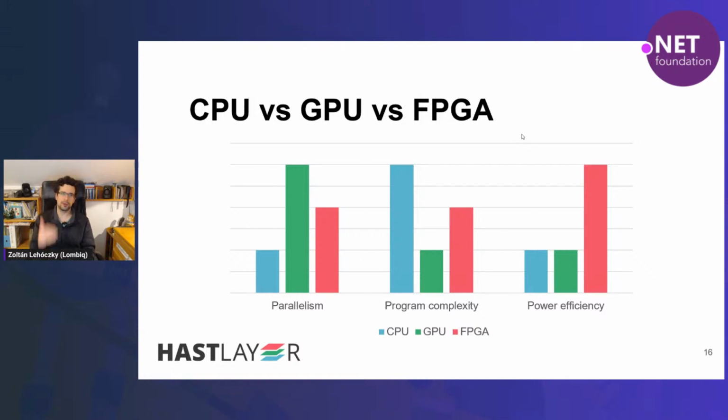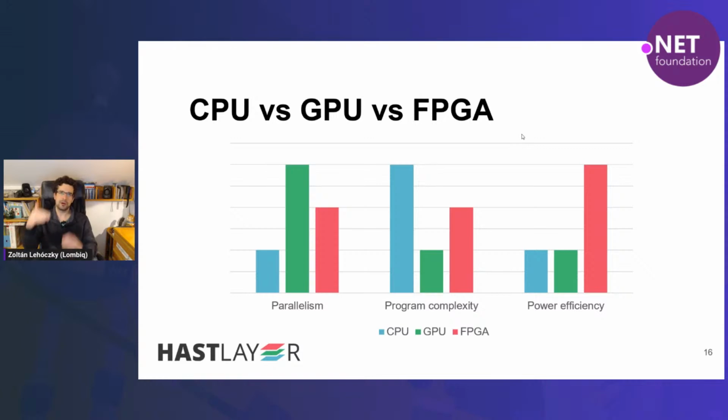CPUs are pretty much on the lower end here because on a CPU you can have something like 8, 16, 32, 64 cores, perhaps a little bit more than 100, but that's about it. Whereas with GPUs, you have cores in the order of magnitude of thousands. Of course, those are very different cores, but still the level of parallelization you get on a GPU is thousands.